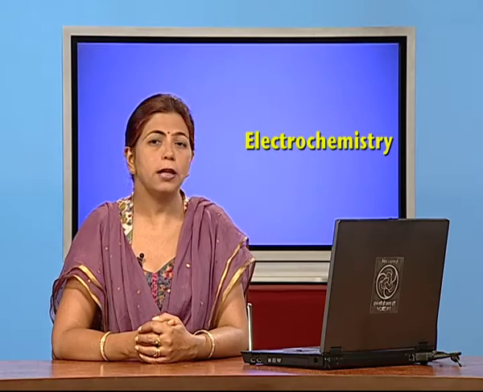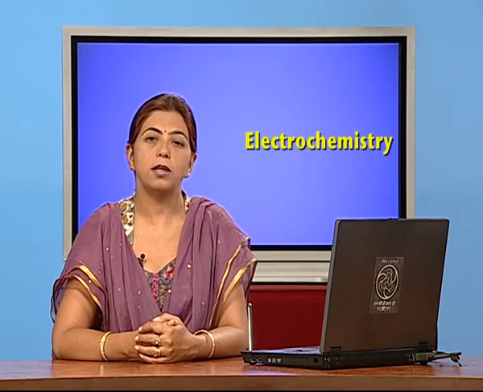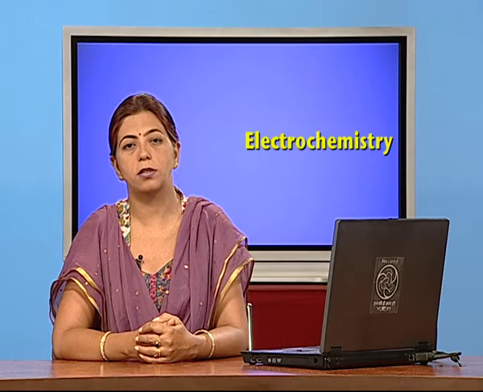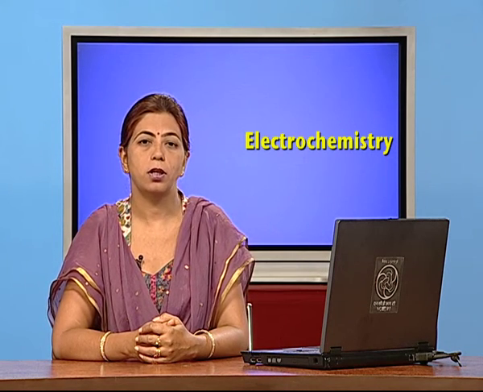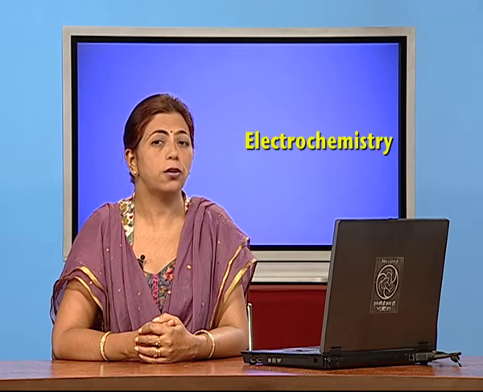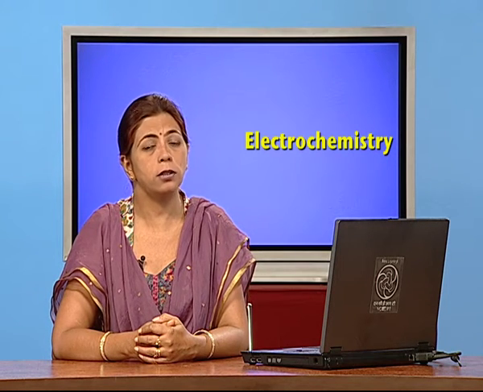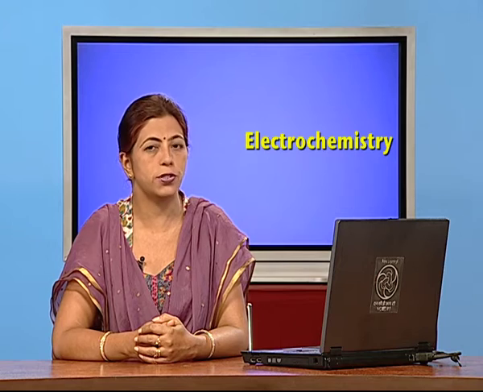Let me explain you the working of an electrochemical cell in detail. In an electrochemical cell, there are 2 half cells and they are also known as the redox couple. The one cell is the reduction half cell and the other is an oxidation half cell.